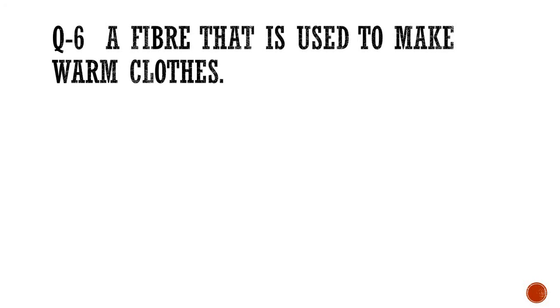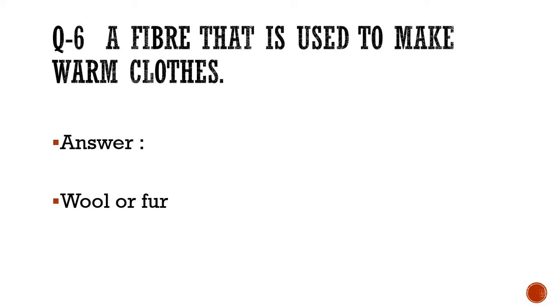Now moving on to question 6. A fiber that is used to make warm clothes. Again, please write down the answer quickly. That means obviously in the cold weather, you will wear the warm clothes. So which are the fibers used to make the warm clothes? Now any one example you have to give. See, the question says a fiber, but still I have kept an or.